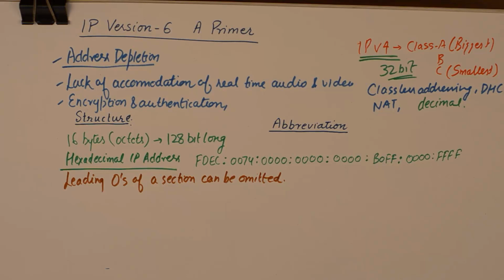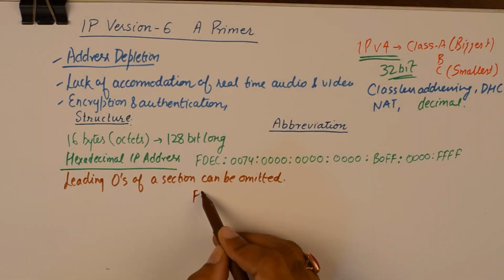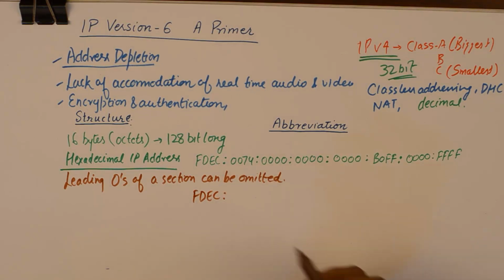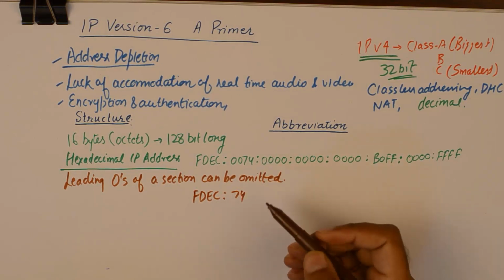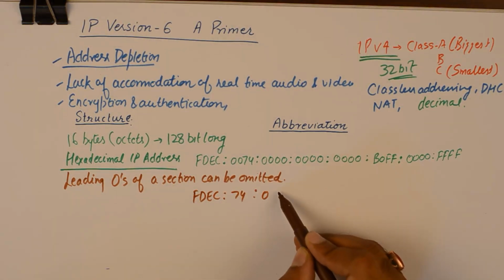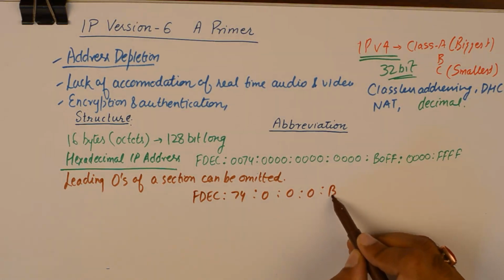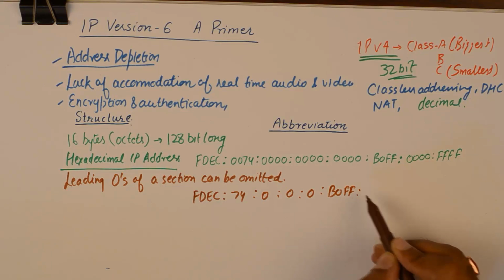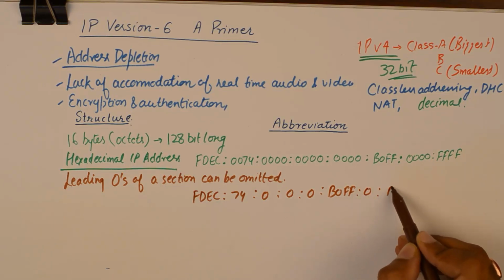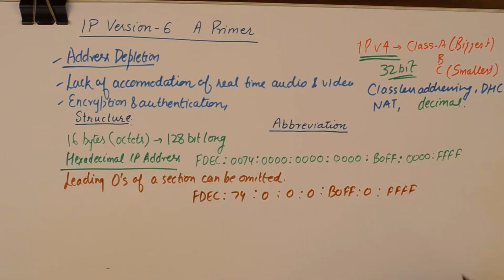So what I'll do is I'll first abbreviate it using omission of all leading zeros. That will make it as FTEC 74 0 0 0 B0 FF 0 and FFFF.